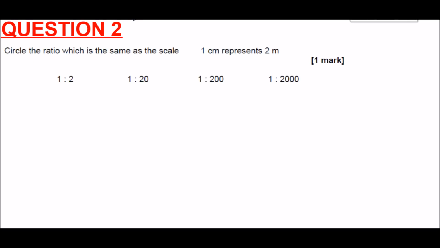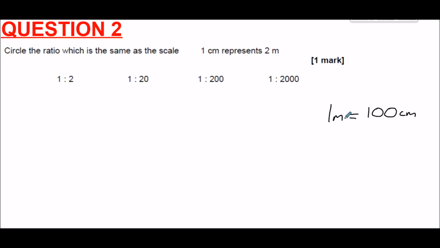Question 2. Circle the ratio which is the same as the scale that 1 centimetre represents 2 metres. So we need to remember our metric measurement. 1 metre is the same as 100 centimetres. And so essentially to change from centimetres to metres would be a scale factor of multiplying or dividing by 100.